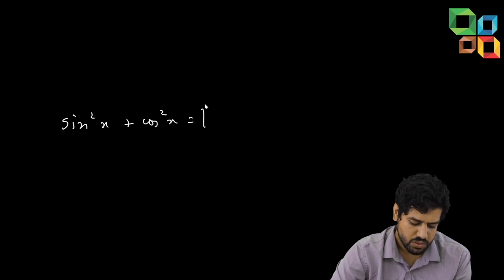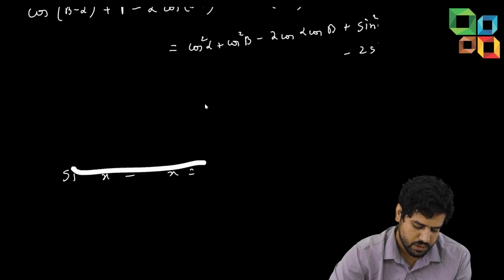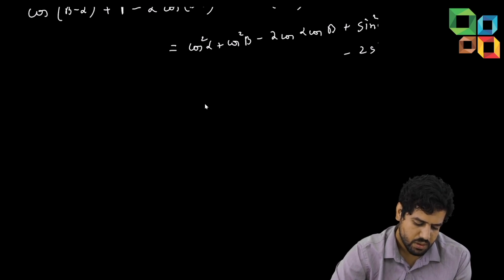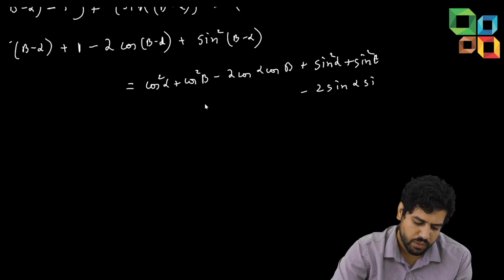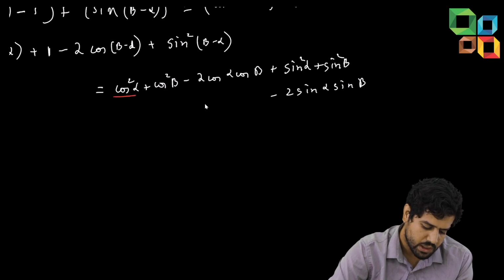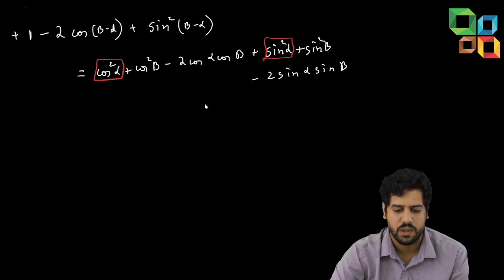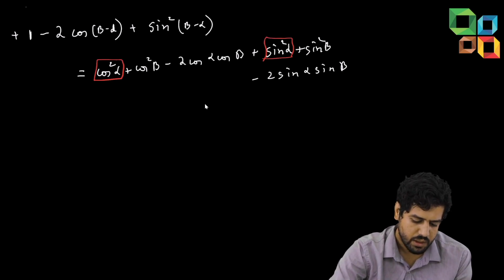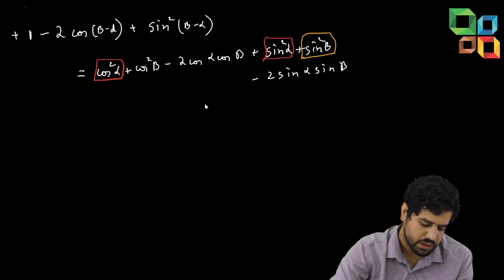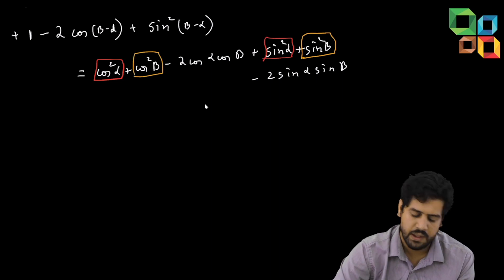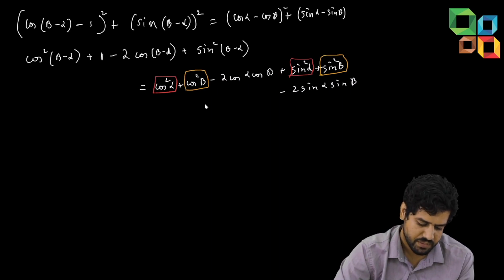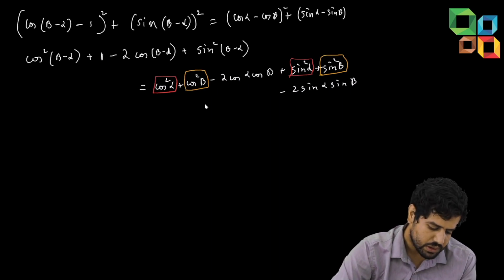Okay. So using that here, we have cos square alpha and sin square alpha, that will give us 1, right? And we have sin square beta and cos square beta, that will also give us 1. We also have cos square (beta minus alpha) and sin square (beta minus alpha).